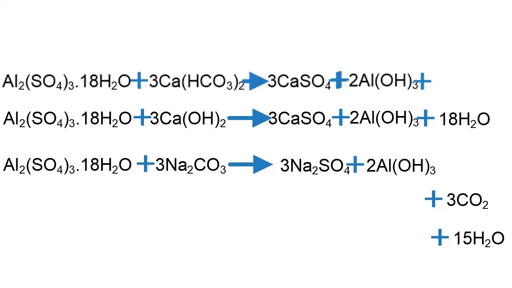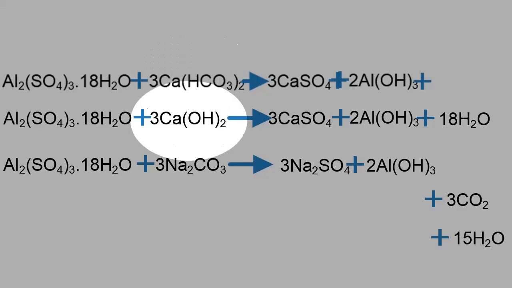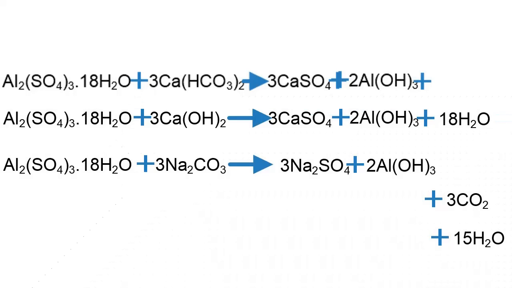We need to add lime to the water. We need to generate that calcium bicarbonate or calcium hydroxide inside the water so that this reaction happens. Means for this reaction to happen, calcium bicarbonate or calcium hydroxide is compulsory. It should be there in the water, or you need to add it externally to the water.